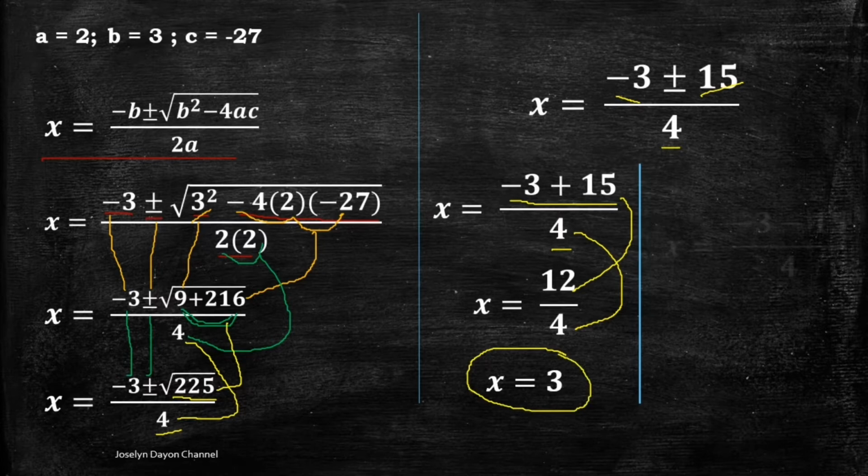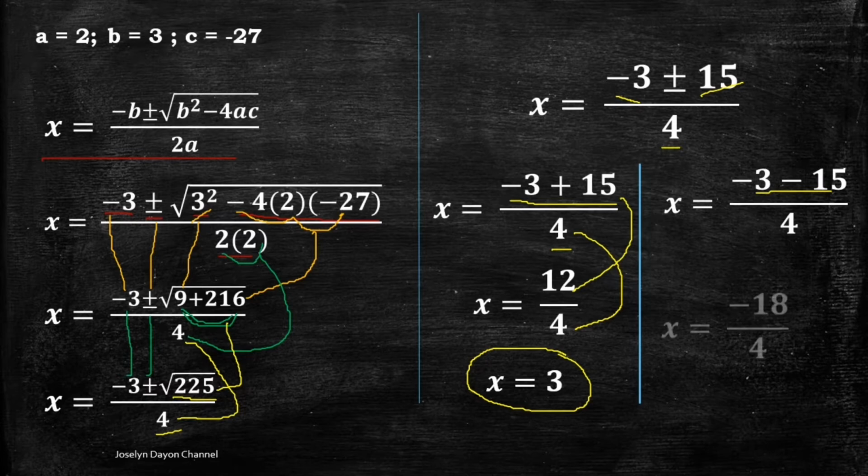For the second value of x, we have negative 3 minus 15 all over 4. Simplify further. Negative 3 minus 15 is equal to negative 18. Copy the denominator 4. If we divide negative 18 by 4, the answer is not an integer. So we just express this in fraction form, but it should be in lowest terms.